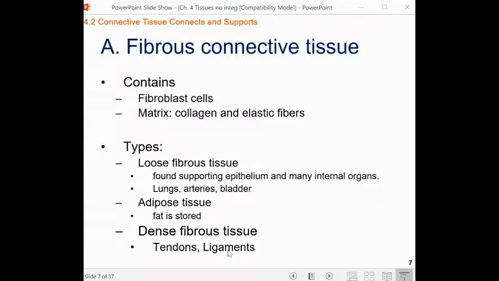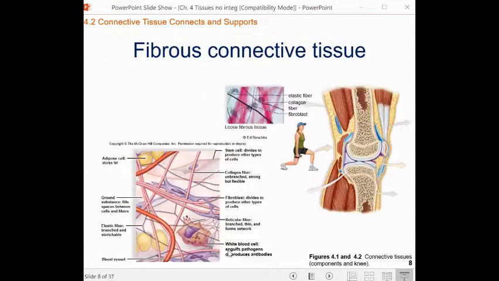It can be used for supporting the epithelium, your internal organs, so it can be found in things like your arteries, your bladder, and your lungs. Your fat tissue goes into this category, but so do your tendons and ligaments in that dense fibrous connective tissue, where they're a little bit more organized and that rubbery substance is a little firmer.